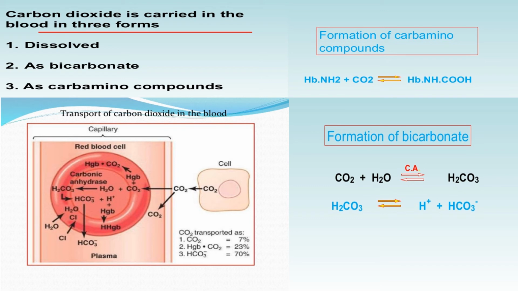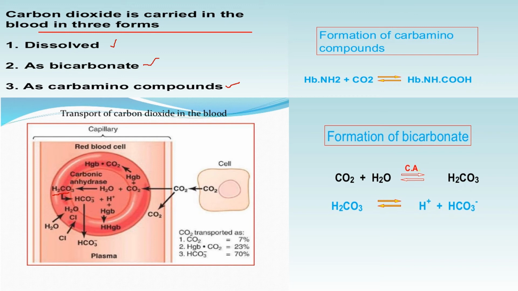So these are the three mechanisms for the transportation of carbon dioxide: in the dissolved state, as bicarbonate ion, and as carbamino compounds. Here you can see the free binding of carbon dioxide with hemoglobin, as well as the formation of bicarbonates, and it is also released in the dissolved state.